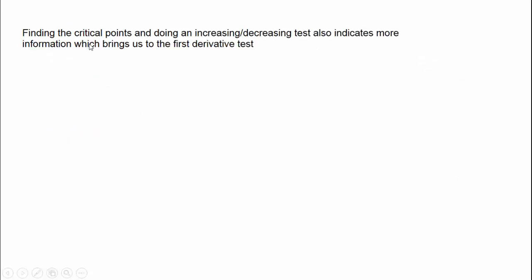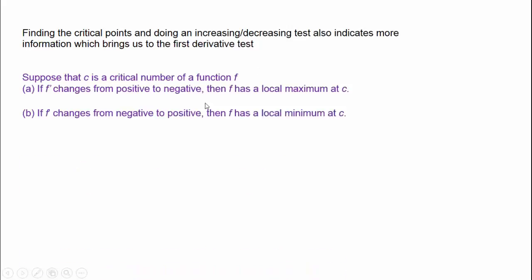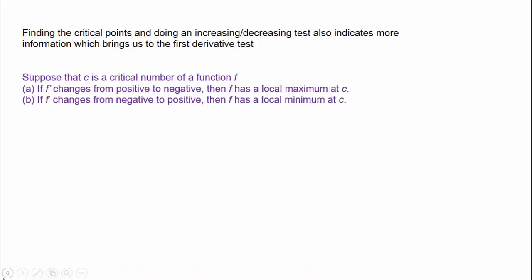Now, all of that leads us really, finding the critical points and doing an increasing, decreasing test indicates more information that leads us to the first derivative test. And essentially, it says that if c is a critical number of a function f, and f prime of c changes from positive to negative, from positive up to negative down, then f has a local maximum at c.